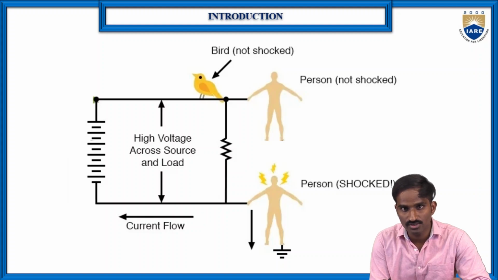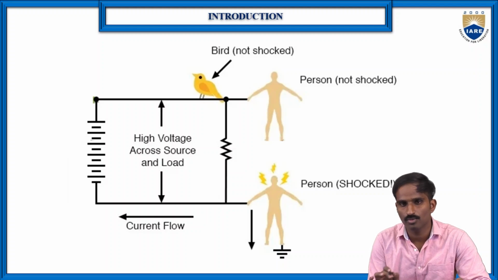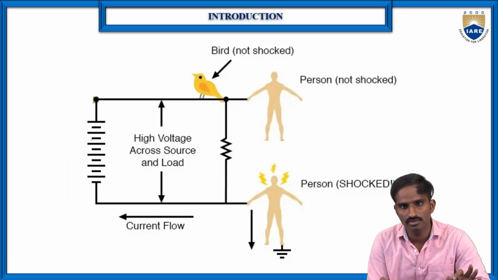So if the person is holding an electric wire and hanging in the air, he will not get shocked. But if a person is holding a wire and standing on the ground, he will get shocked. Why? Here also it is the same concept of open and closed circuits, because as we discussed, in an open circuit the current will not flow.